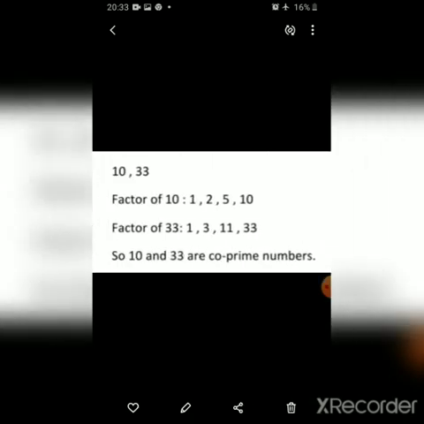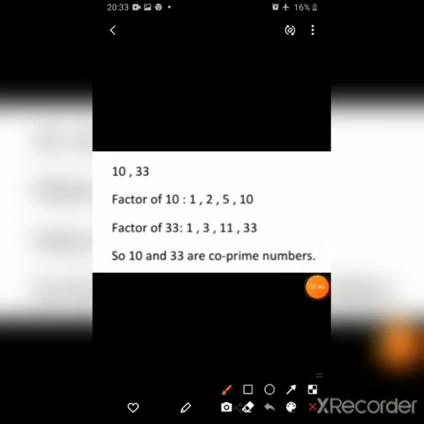Next question. 10 and 33. Factors of 10: 1, 2, 5 and 10. Factors of 33: 1, 3, 11 and 33.